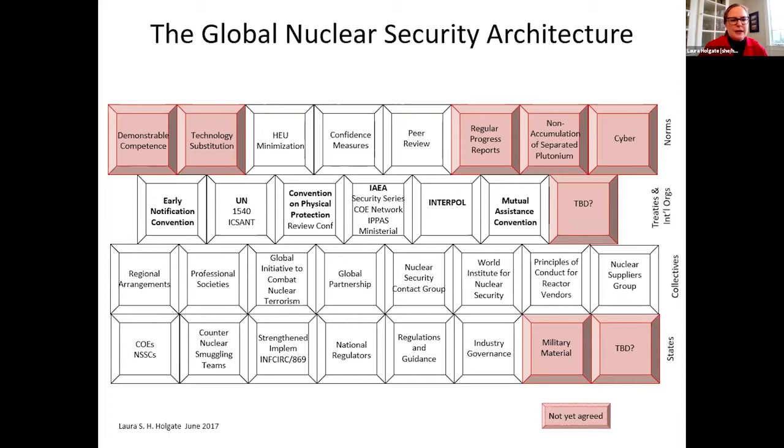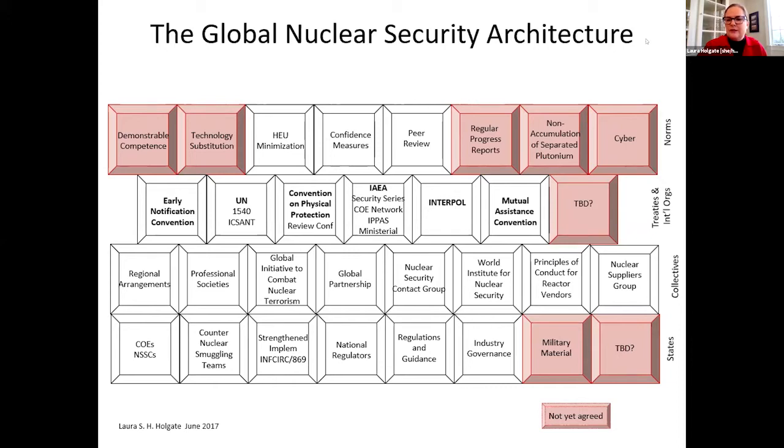So if we move to the next level, sitting on top of what's happening at the state, there's a level of collectives. And these are often voluntary and informal groups of countries, or in some cases, groups of individuals who are seeking to enhance nuclear security around the world through cooperation, assistance, capacity building, other types of positive engagement.